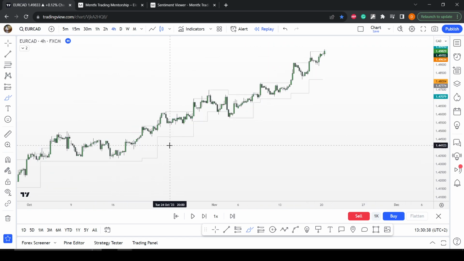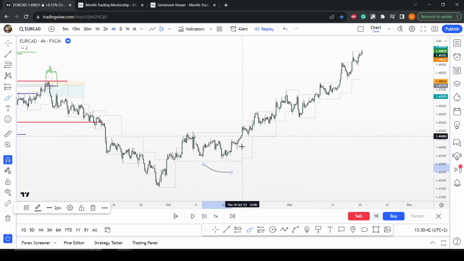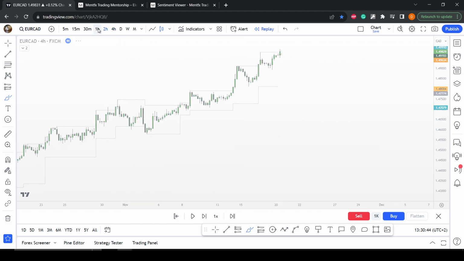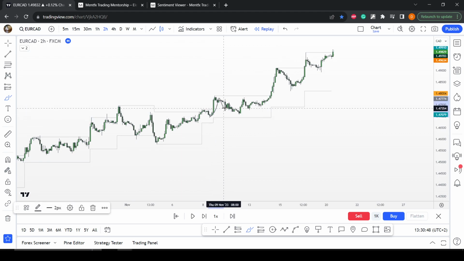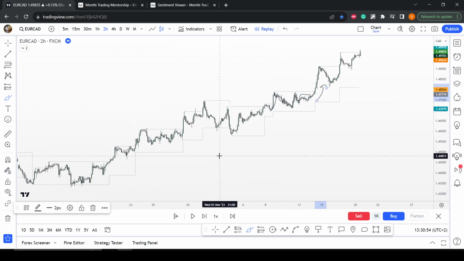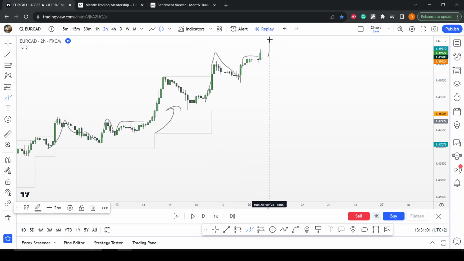On 4 hours it's the same, but we see some reaccumulations like here and here. 1 hour is even more detailed, so we have impulses, a longer correction with impulses, corrections, and overall supporting structure, all moves to the upside. Then recently impulse, correction, and possible impulse to the upside to take out these highs.